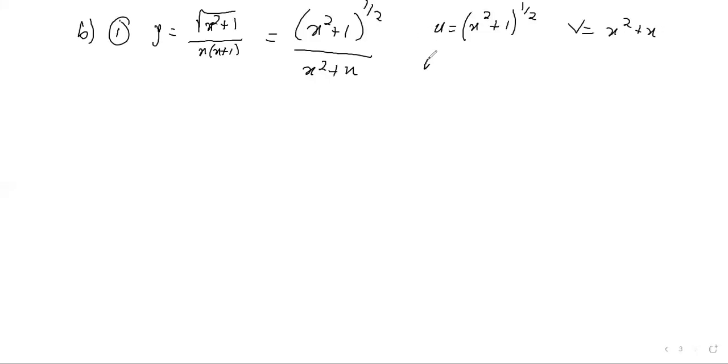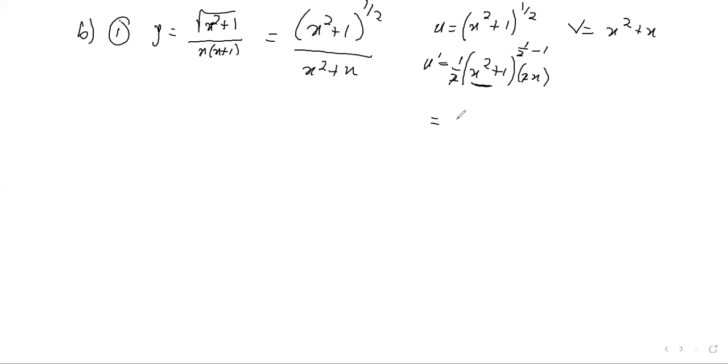Then we differentiate u prime. So to differentiate this function, we use chain rule, meaning we bring down the half and maintain what is inside, and then subtract a 1 from the half, then multiply by the derivative of the inside, which is equal to 2x. So this 2 and that 2 can cancel.